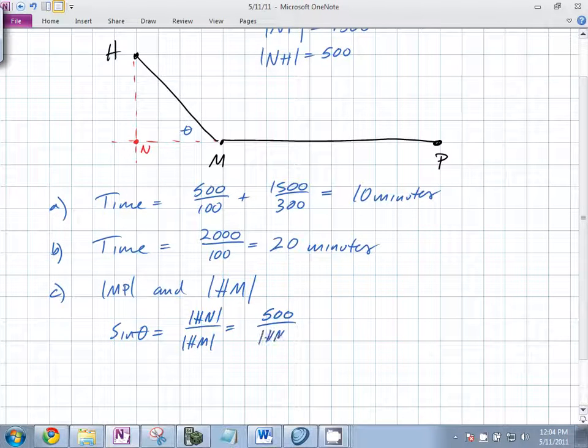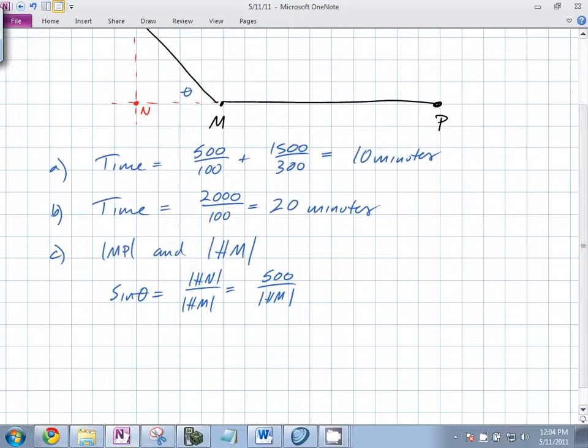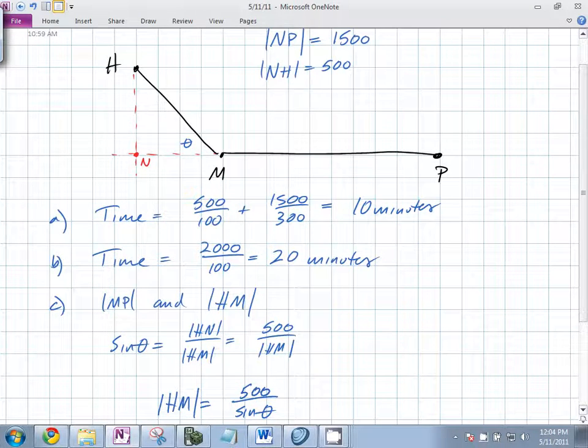I should have picked different sounding letters, sorry about that. So what do we now know? We now know that HM is equal to 500 over sine theta. So we have the first part, we have HM.